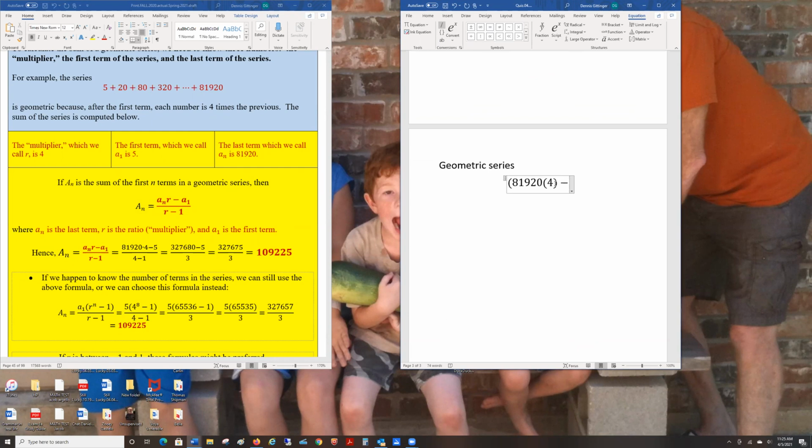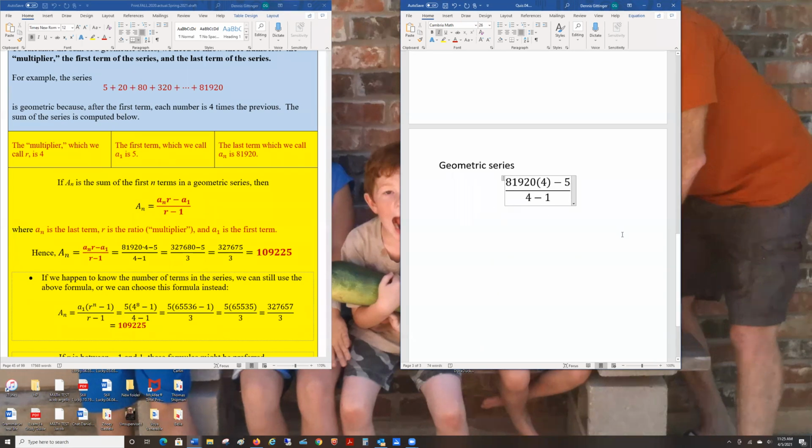And then I have to subtract the first number. I could go through why this works, but no one really cares. The first number is 5, and that is going to be over r minus 1. Now r, the multiplier, is 4, and you don't have to put 4 minus 1. You can just put 3 if you want to.